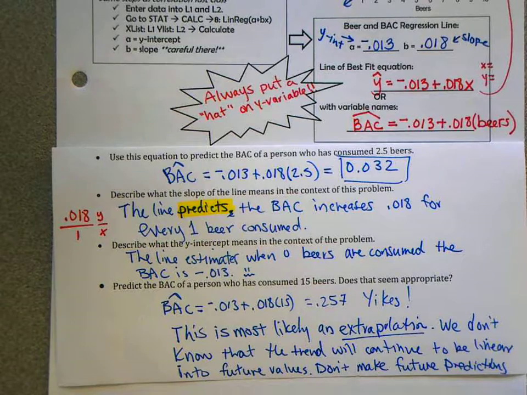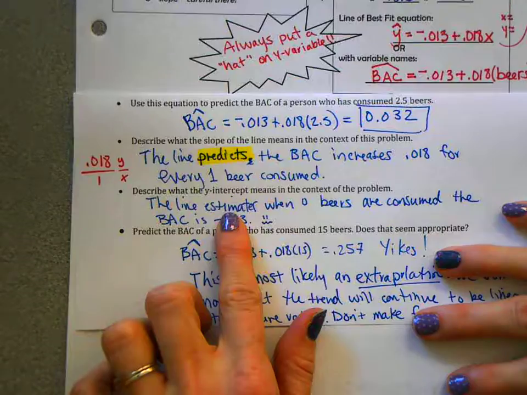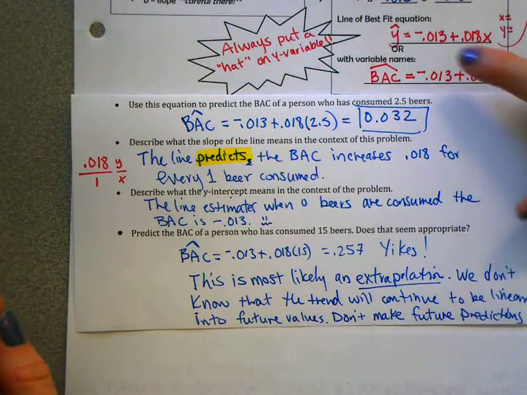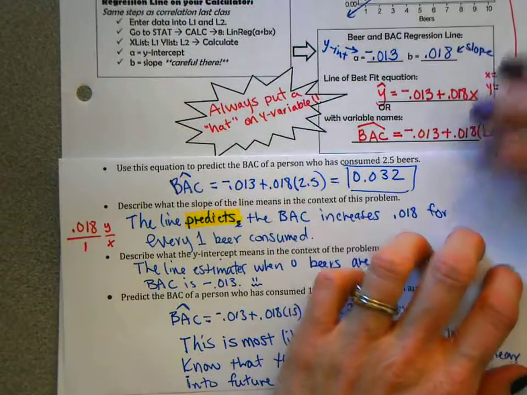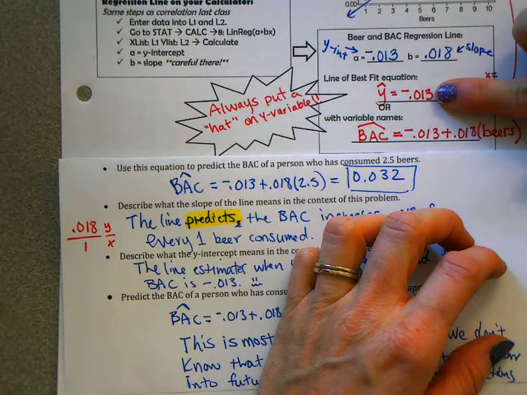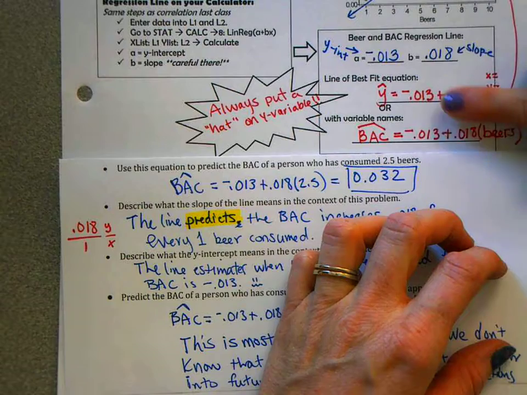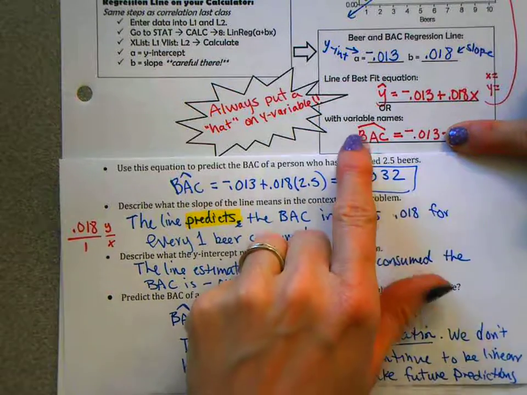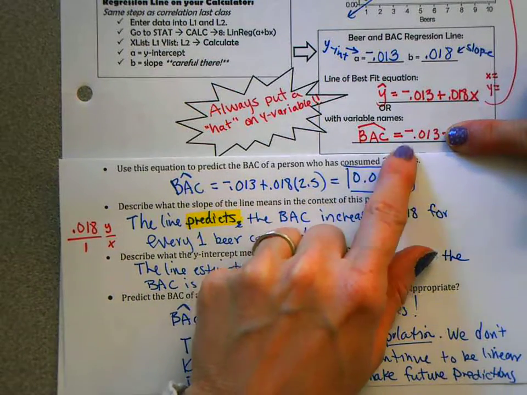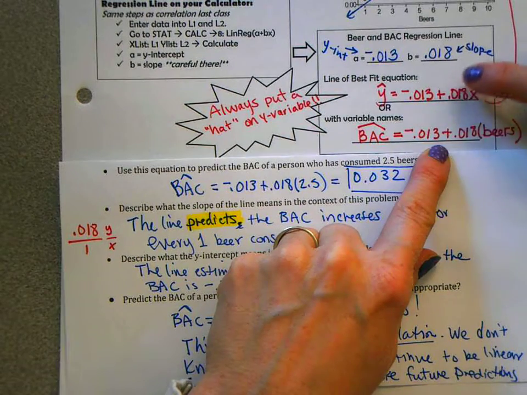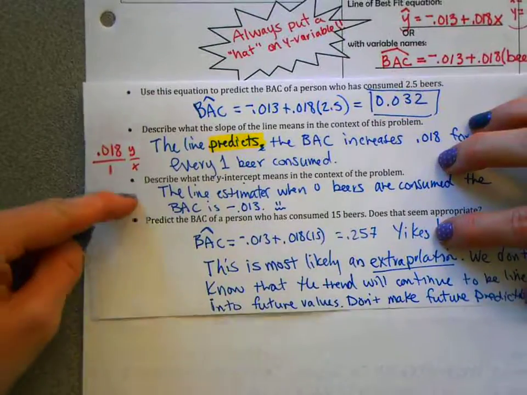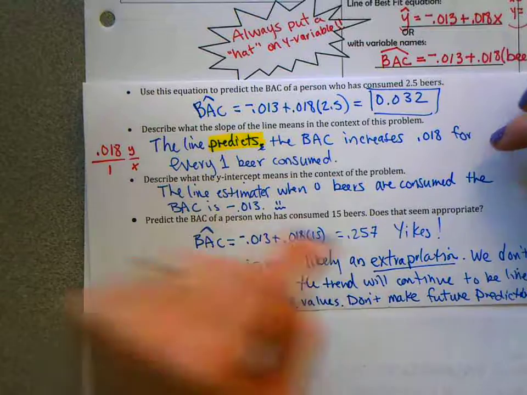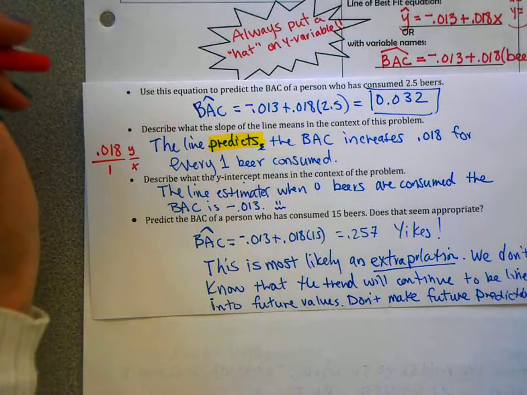Next, the y-intercept, that's the negative 0.013. What I always like to think about is that's whenever your x is 0, so you just cover up your x here or in either equation, and you see, oh look, it's saying your blood alcohol content is equal to negative 0.013 when you have no beers. Now that's kind of weird. How do you get a negative blood alcohol content? Sometimes this happens when we're trying to make that line go down through the middle of points here.